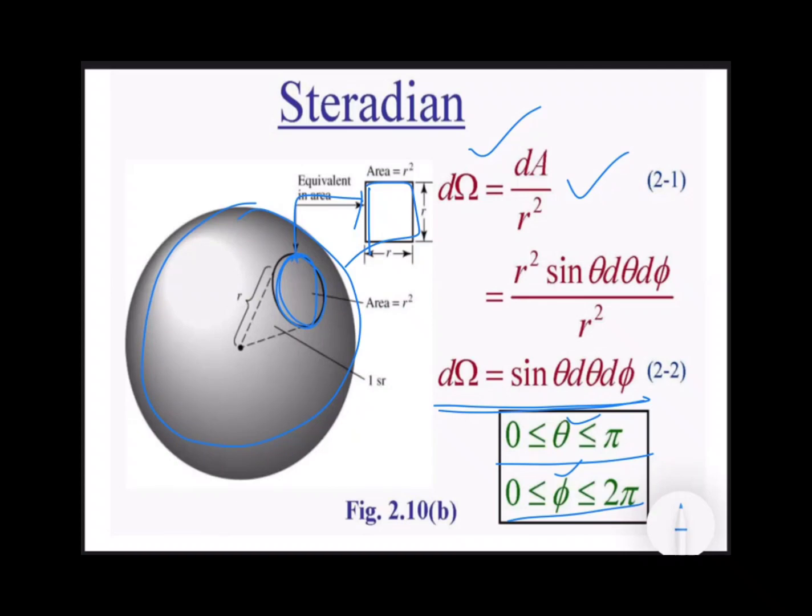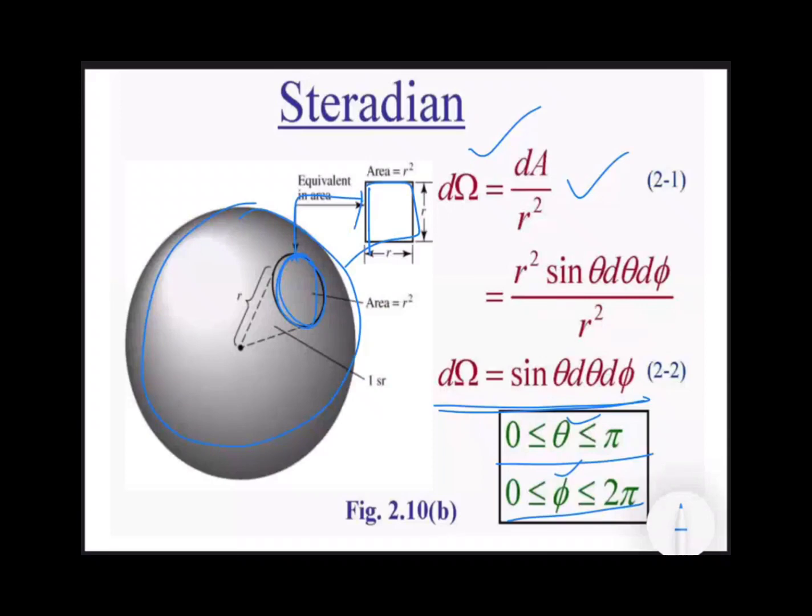So radian and steradian are the units used to express the radiation intensity of an antenna or a source. And always one steradian is equal to 3283 square degrees.